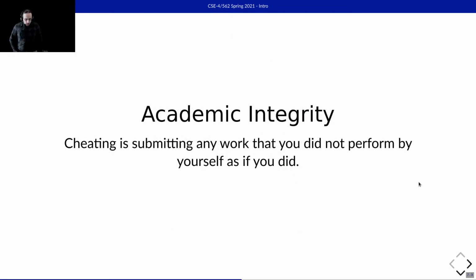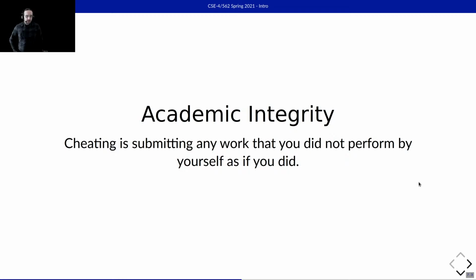So, I know there are different cultural expectations. I know different people have different definitions of what cheating is. So I'm going to be very precise here. Cheating is submitting anything, any code, any text, any homework that you did not complete yourself and pretending, either explicitly or by omission, in other words, by not citing your sources, that that submission was yours, or creating the perception that that work was yours.